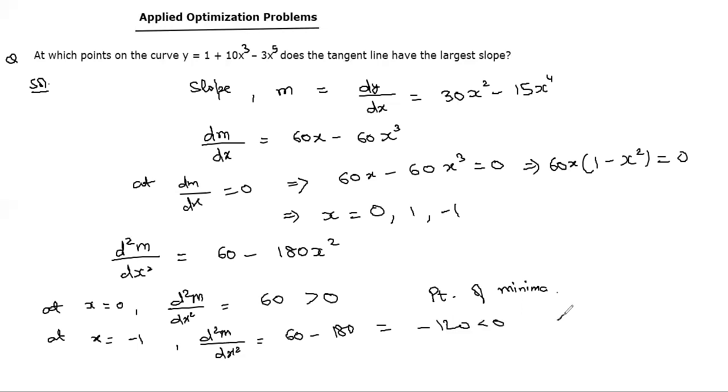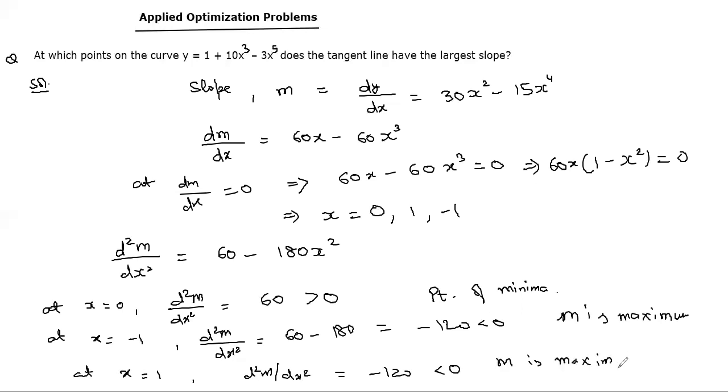So m is maximum here. It is a point of maxima. Also at x equals 1, the second derivative of m is negative 120, which is again less than 0. So m is once again maxima.